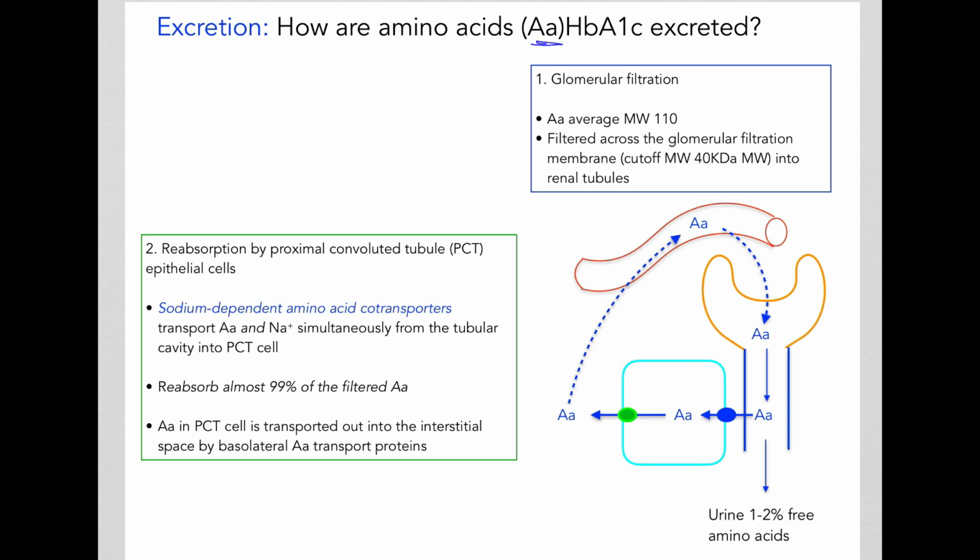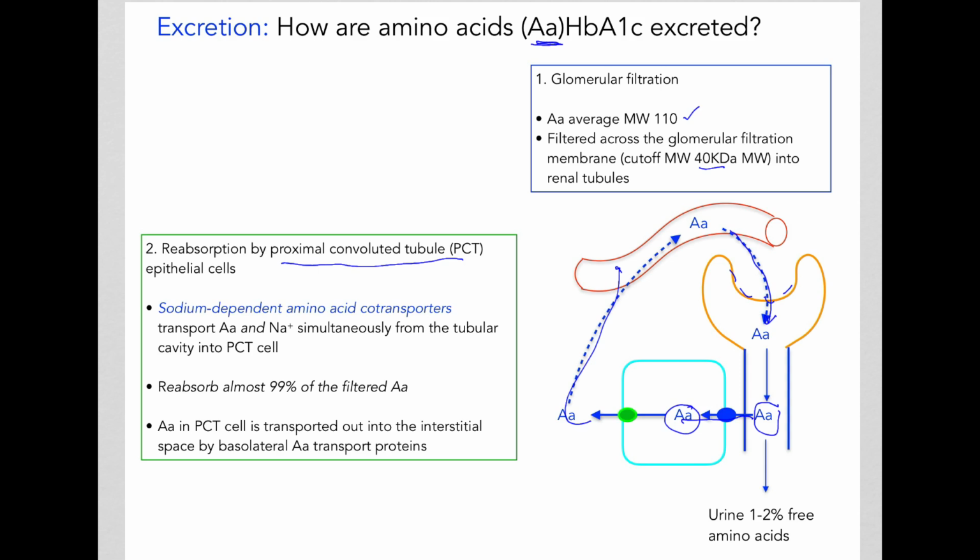The amino acid part, let's talk about this first. Average molecular weight of an amino acid is 110, so it's very small compared to the 40 kilodaltons cutoff for the glomerular filtration membrane. So these amino acids are water soluble, so they easily get filtered into the tubules, and once they are in the tubules, the proximal convoluted tubule will reabsorb these amino acids back into the bloodstream.